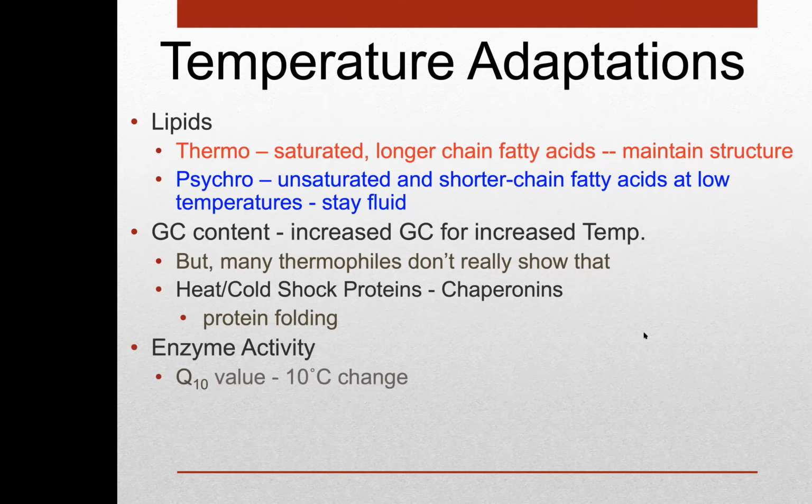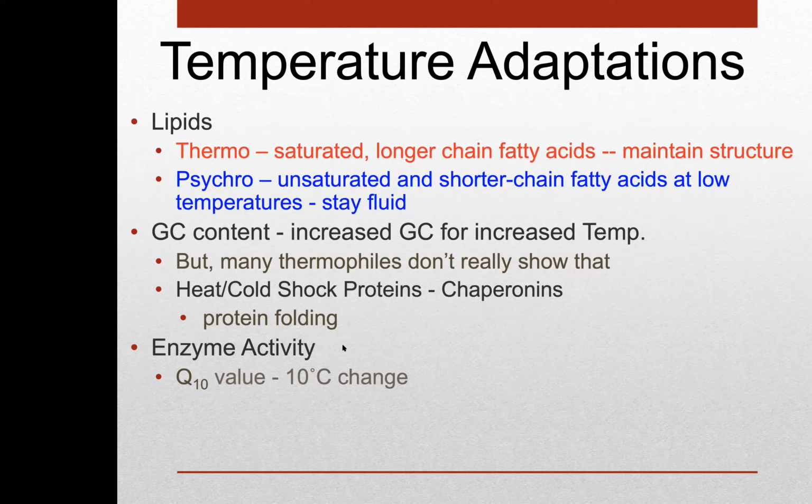And so when we're looking at enzyme activity, I alluded to this a little bit, under cold temperatures, you're going to tend to have low enzyme activity. Under high temperatures, it will go up. So if you're a thermophile, you have the advantage that you're functioning under more favorable conditions. However, at very high temperatures, those enzymes are going to want to fall apart, even if chaperones have been produced.